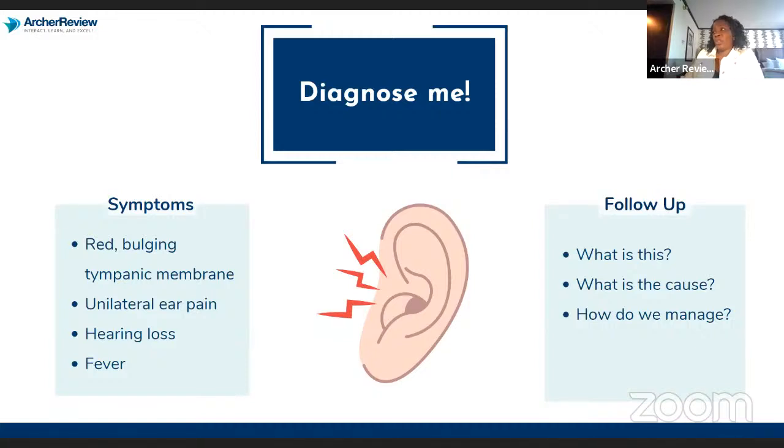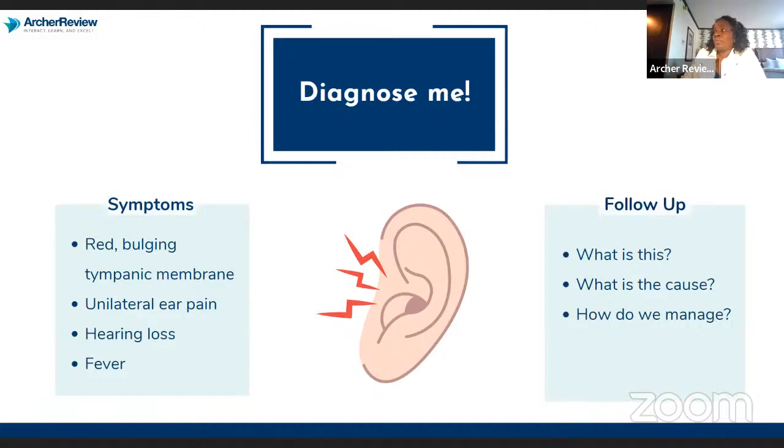And so why is this important to know? This is important because in acute otitis media, we treat with an oral antibiotic, and with otitis media with an effusion, we treat the signs and symptoms, like nasal steroids and something along that line.